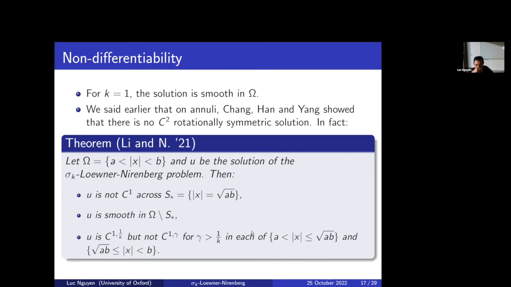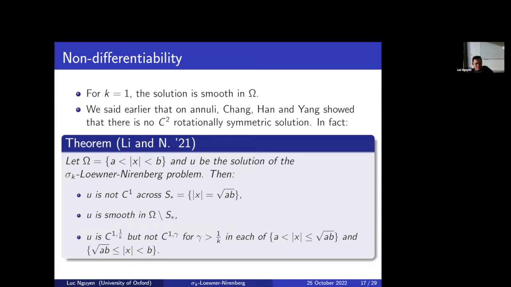So this begs the question. This is very particular to the case of an annulus, right? Because we have an annulus, our equation is rotationally invariant, and we also have uniqueness. So that means that any solution of this equation has got to be rotationally symmetric.